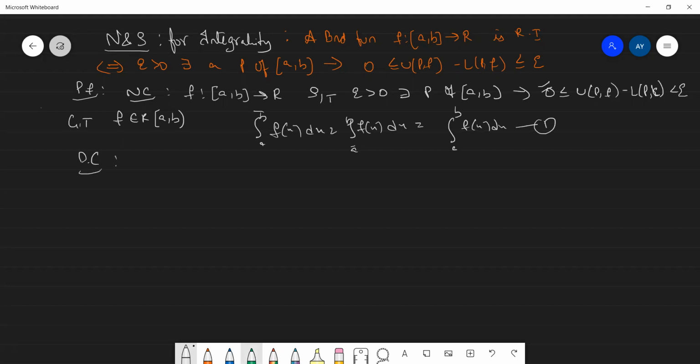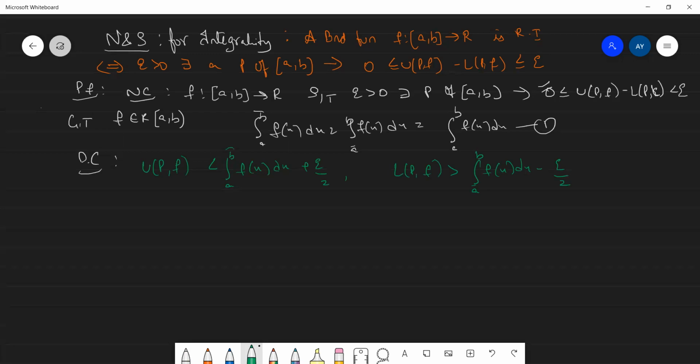In the Darboux condition, we have learned U(P, f) is less than the upper integral a to b of f of x dx plus epsilon by 2, and L(P, f) is greater than the lower integral a to b of f of x dx minus epsilon by 2. So these are both conditions that we have learned.